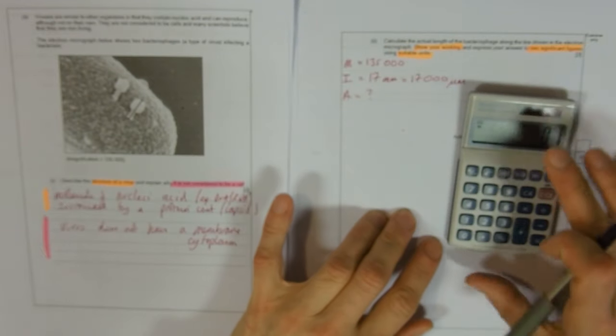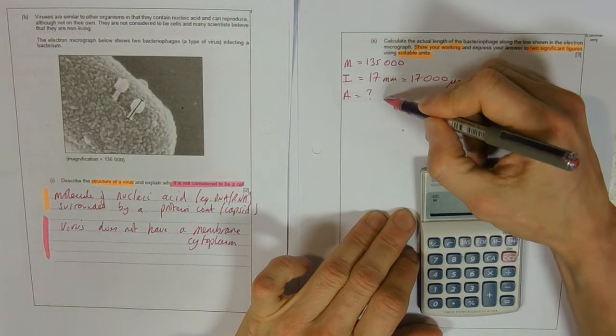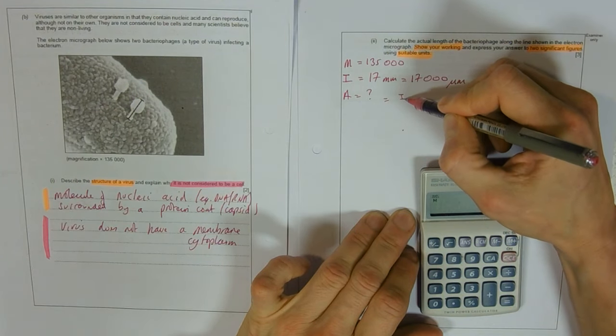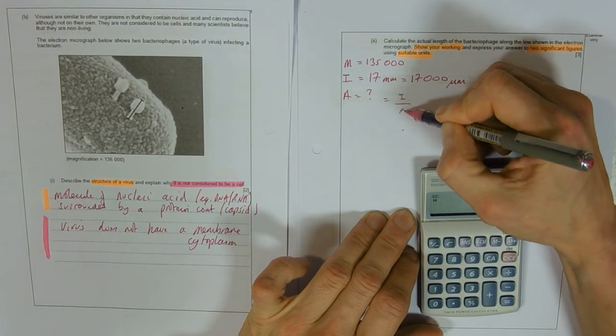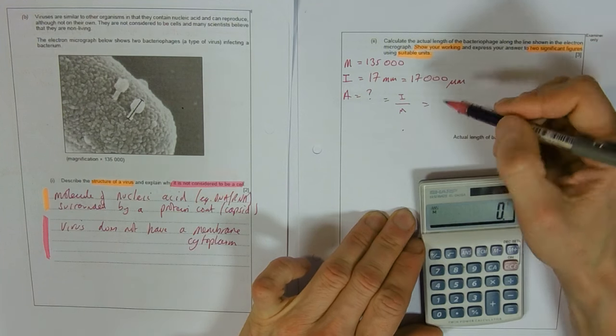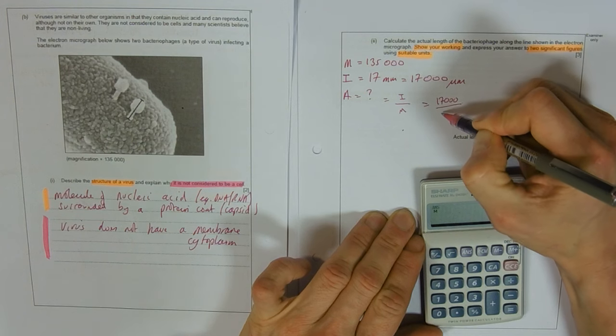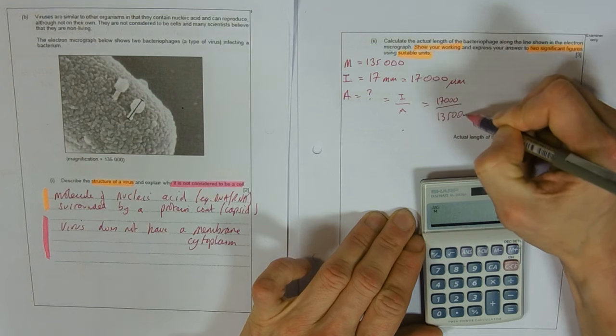Let's see what the trusty calculator gives us. So our actual is the image size divided by our magnification. So let's show your working. So that's going to be 17,000 divided by 135,000.